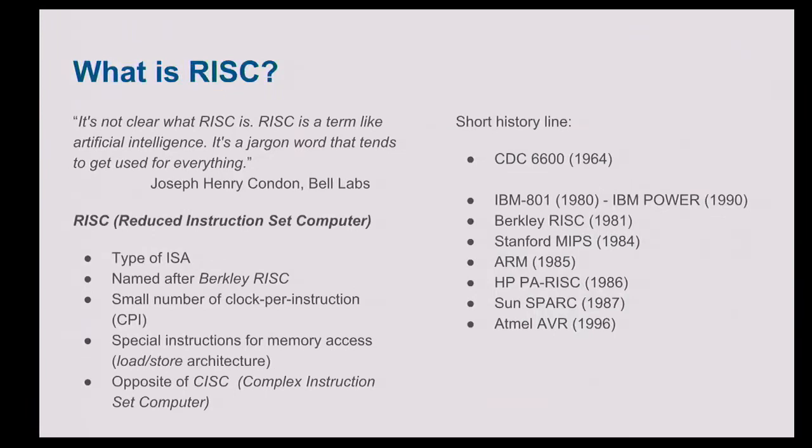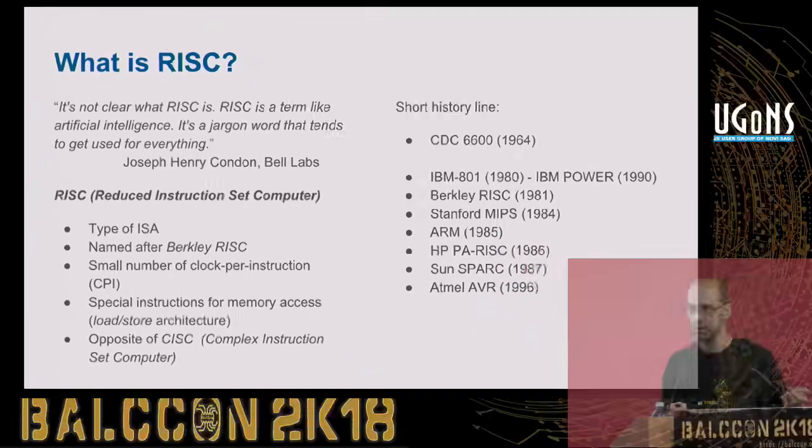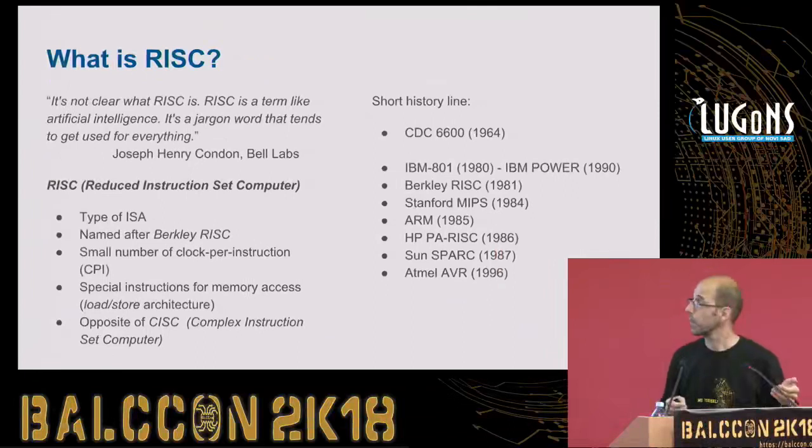So what exactly is RISC? As you can see, this way of microprogramming created so-called complex instructions which can do many things because they were used to call basically a microprogram from the ROM memory.